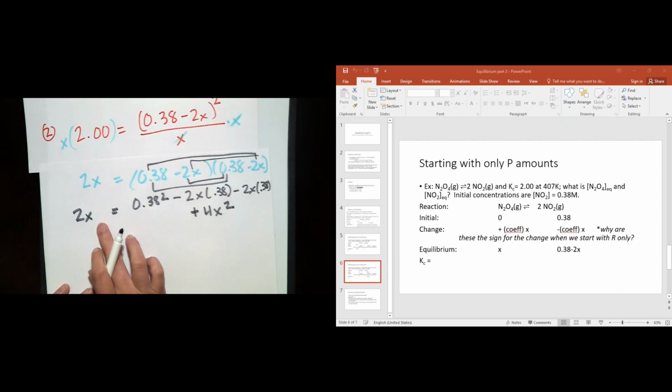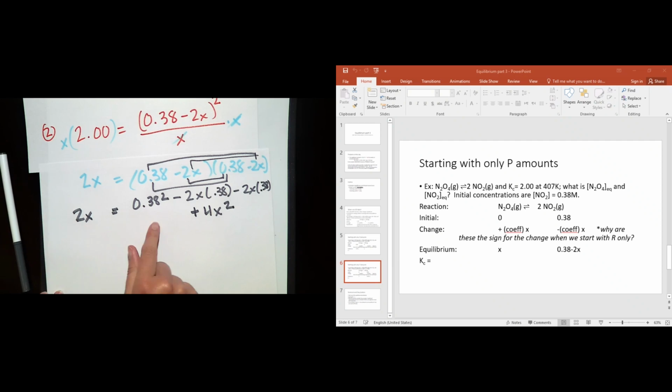And I want this to be equal to 0. So once I multiply these out, I will subtract the 2x to move it to the other side.